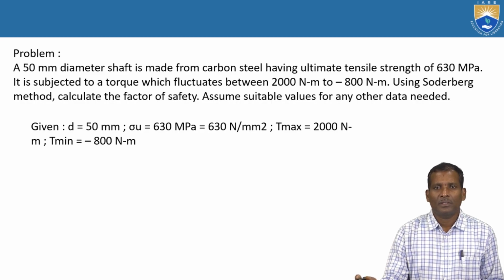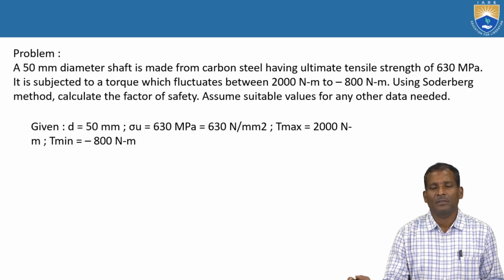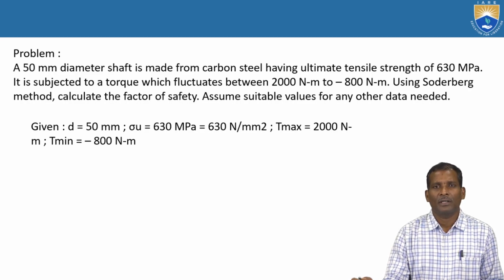We have three methods: Gerber parabola, Soderberg, and Goodman line method. We already know their equations, so by using the derived equations we need to solve the problems. I will explain how in this session.